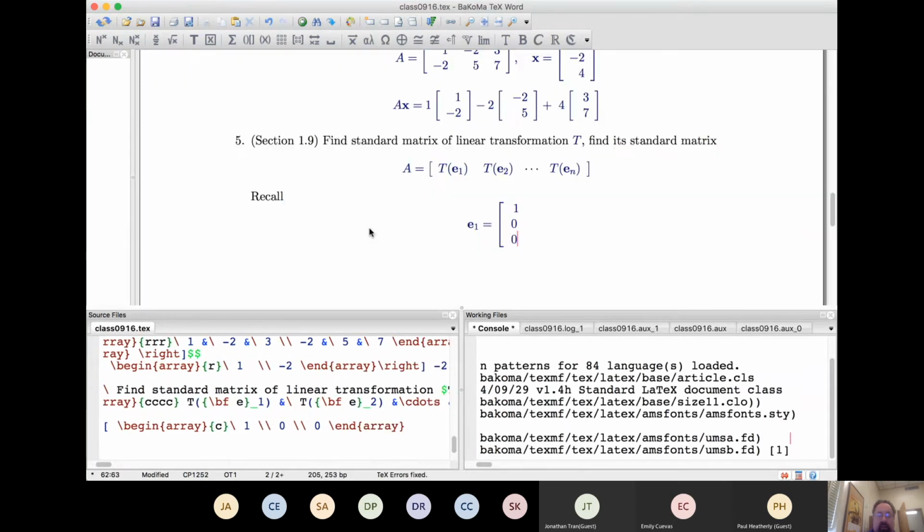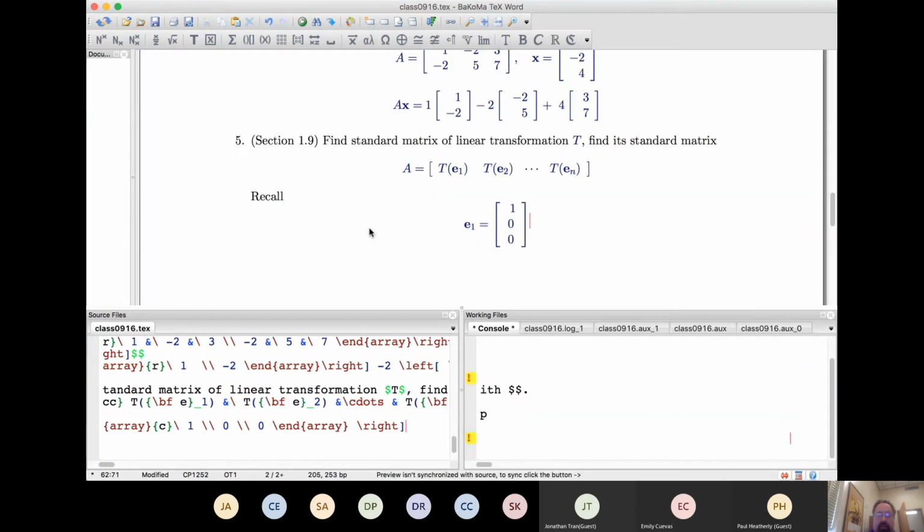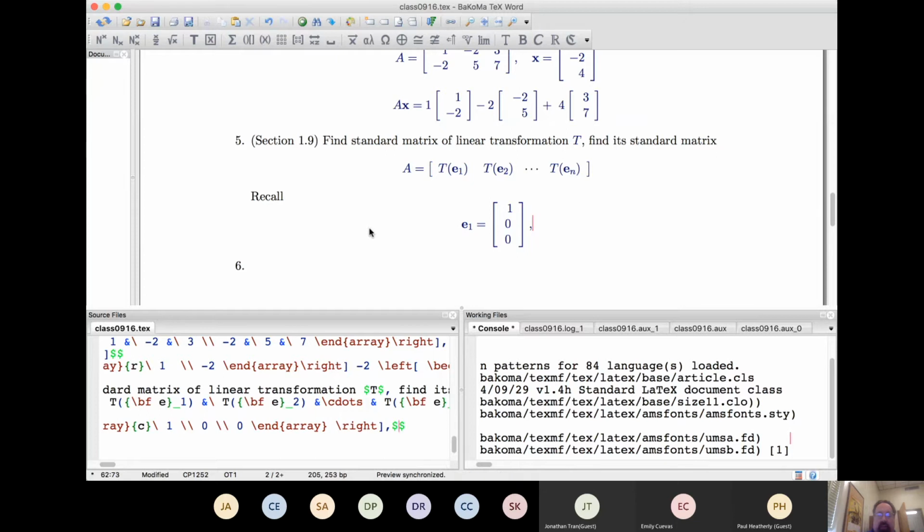Now here, this is a three-dimensional example, but it's however many dimensions you have.